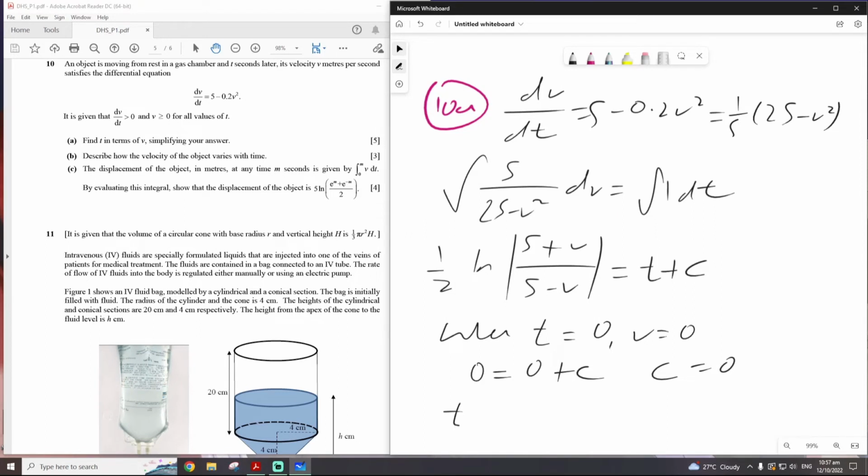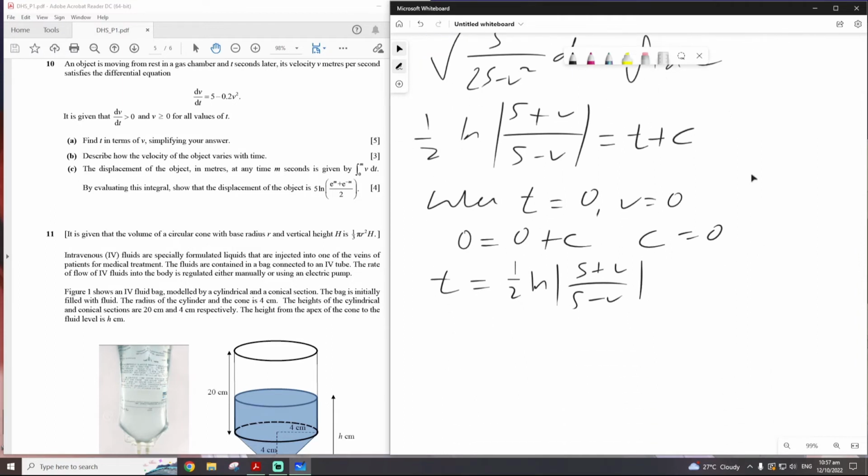So it turns out that t is actually half ln of mod 5 plus v divided by 5 minus v. But we can actually simplify this a bit more. This is actually just half ln of, without the modulus, 5 plus v divided by 5 minus v. The reason for this is because you can analyze the differential equation.